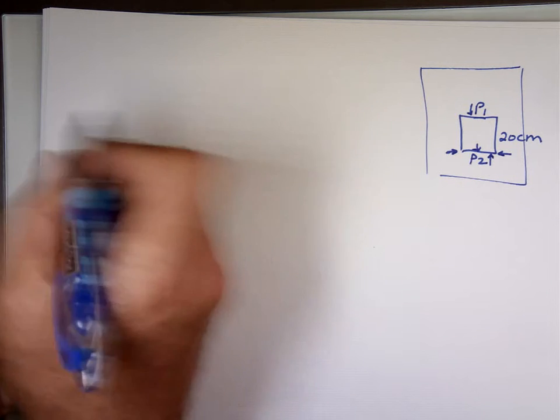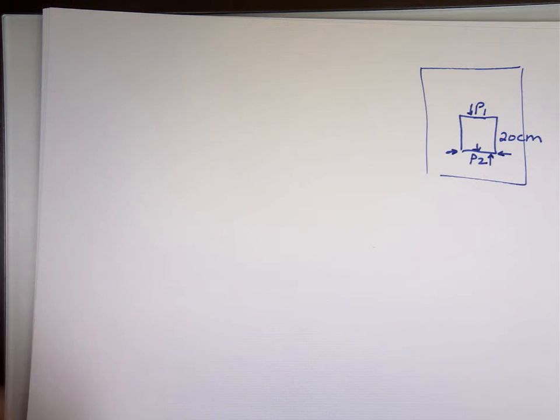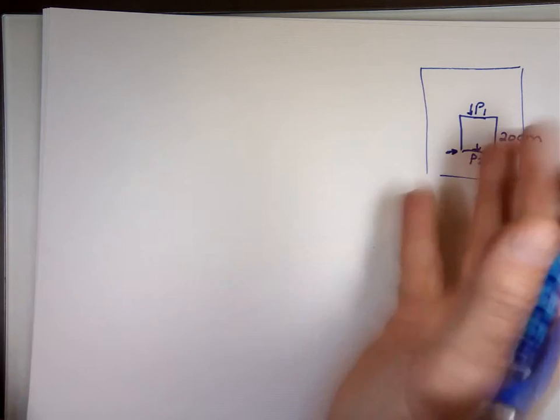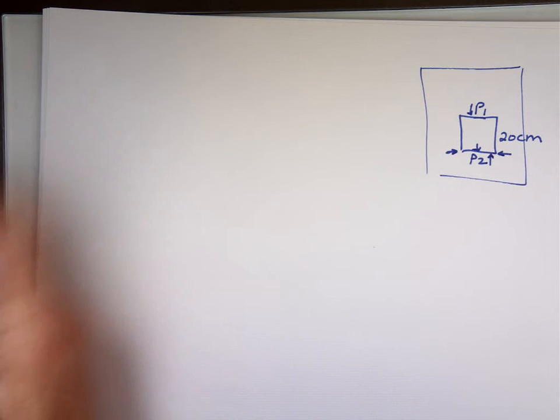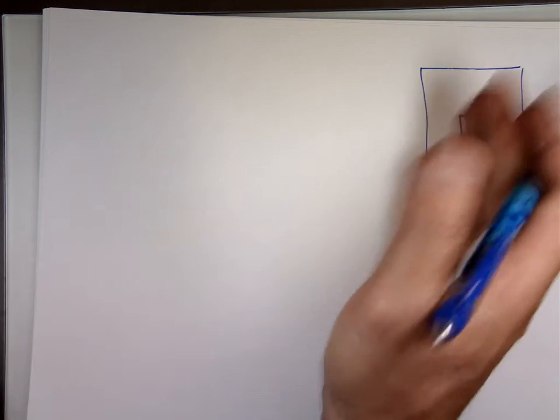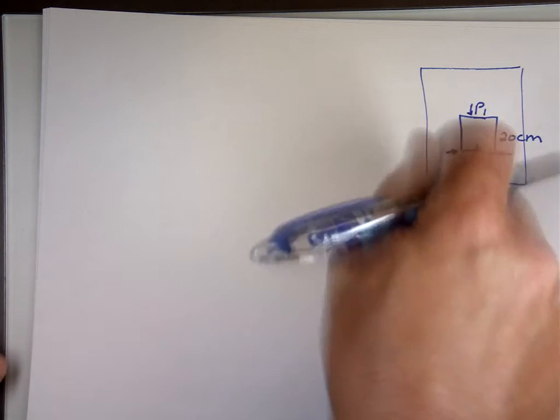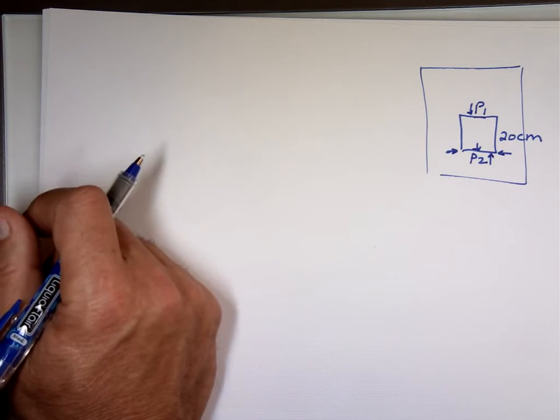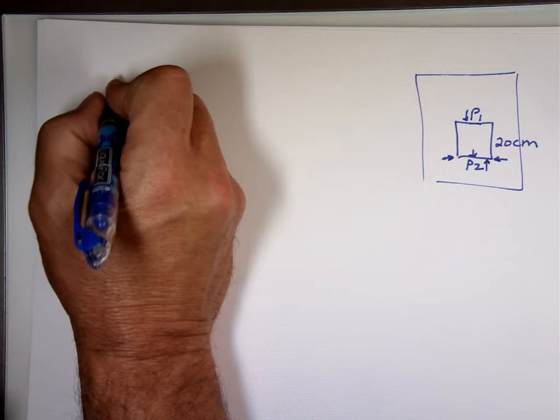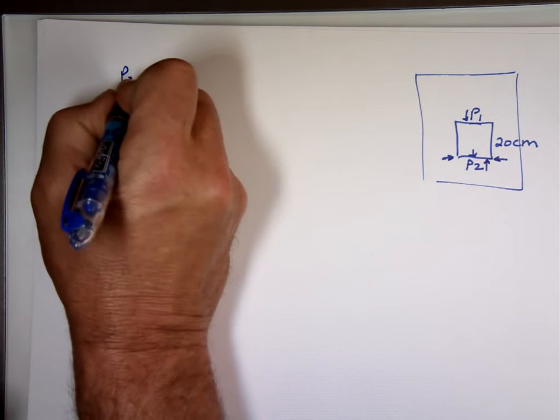So let's assume something kept it floating. It has to be something, because if it's just metal, it will sink. So something kept it from sinking and something kept it from going up too. It was floating there. Could be some people pulling in this direction or that direction. What I'm looking for is the difference between P2 minus P1.